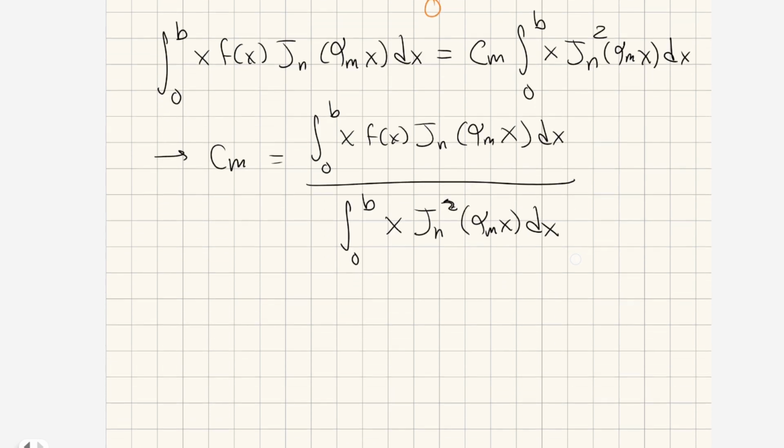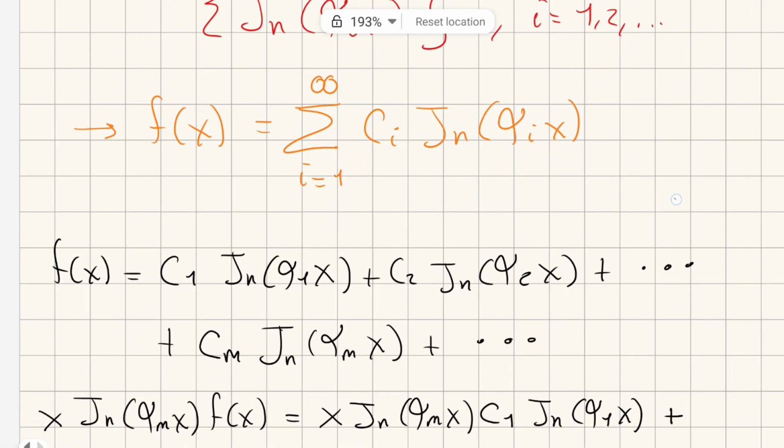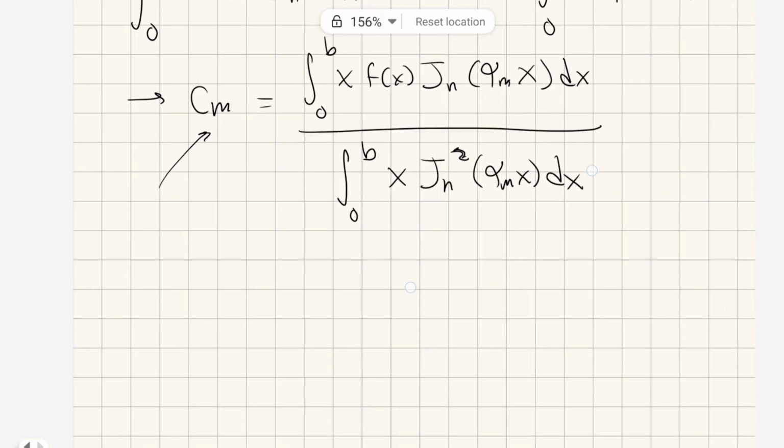So with this equation, we are able to calculate the coefficients of that infinite sum that allows us to express f in terms of a linear combination of Bessel functions. Okay? And recall that what we have here is just the inner product with respect to x of f and Jn of alpha m x.